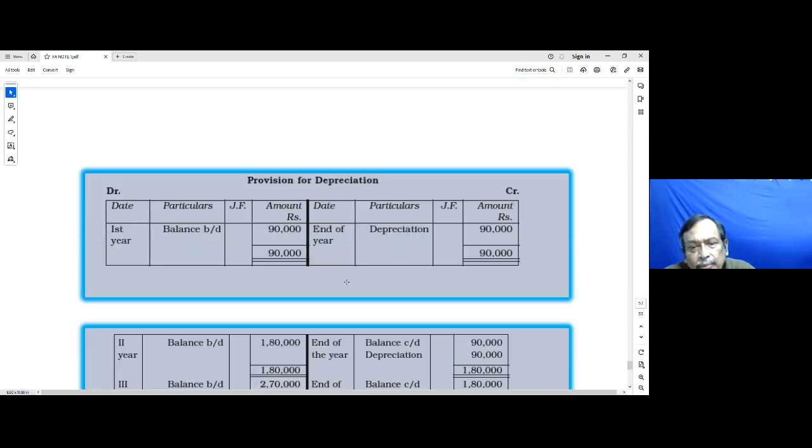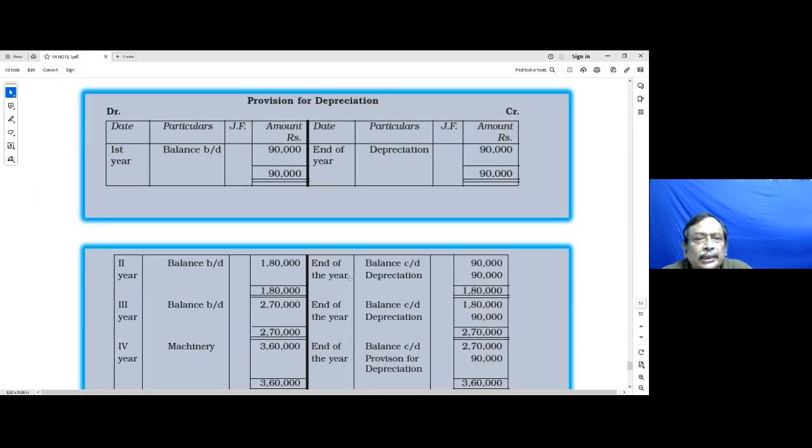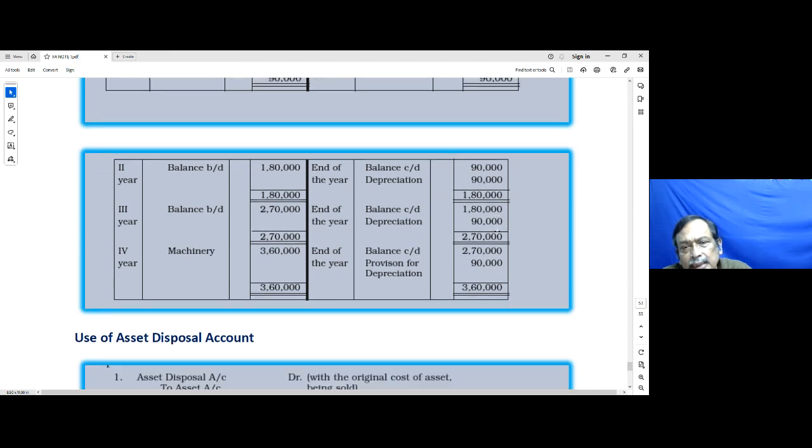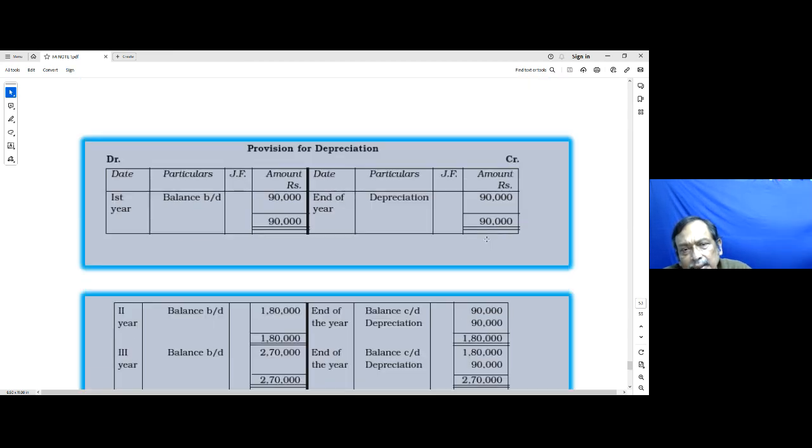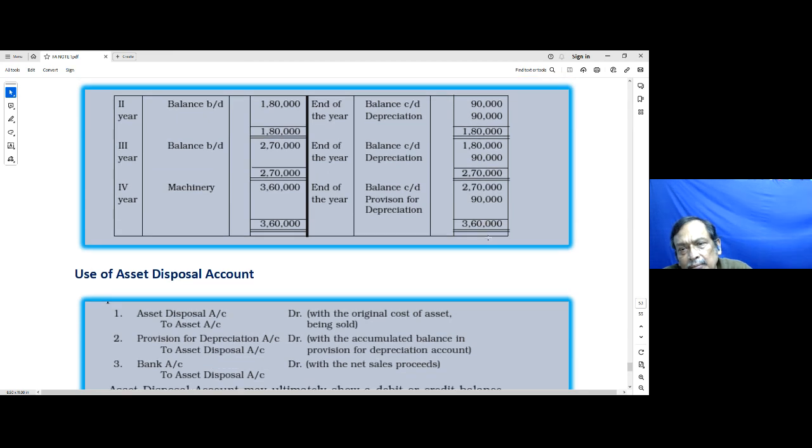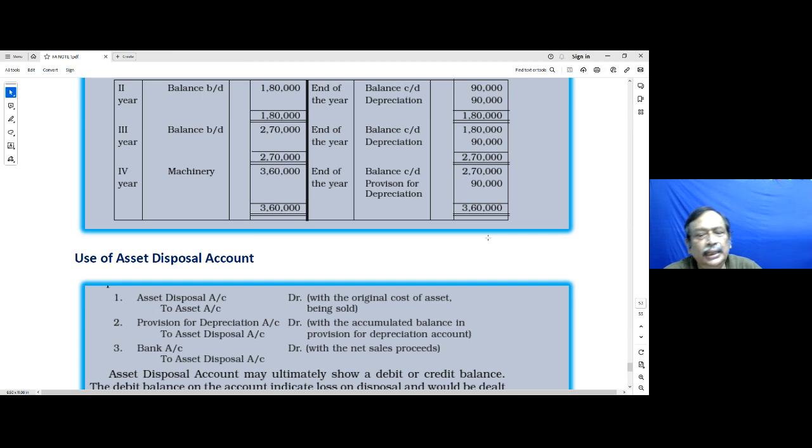So in provision for depreciation account, we write by depreciation 90,000 first year, to balance carried down, then by depreciation for the year, then to balance BD 2 lakh 70, by balance carried down, then by depreciation 90,000, then 3 lakh 60,000, by provision for depreciation 90,000.